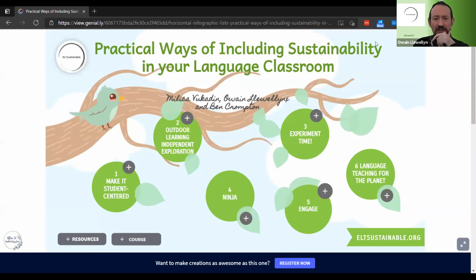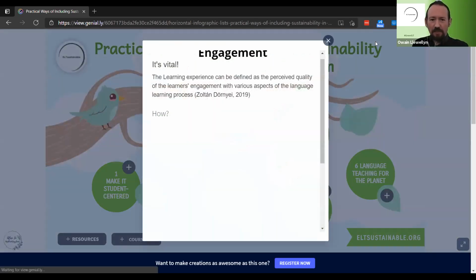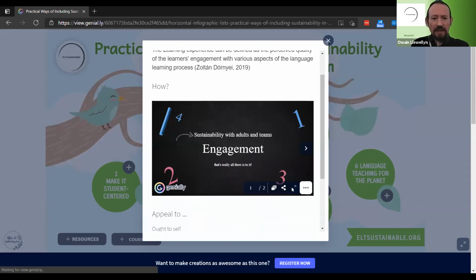Currently, I'm working on my dissertation, and I've been reading a lot by an expert, Zoltan Dörnyei, and I've just seen such a link between what he's saying about L2 motivation, which is his big area, and environmental engagement of students.